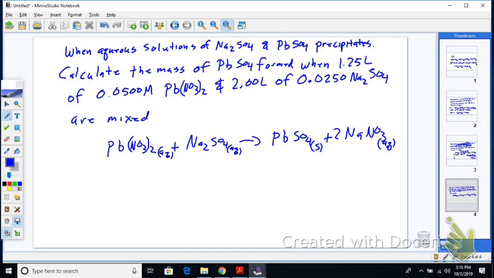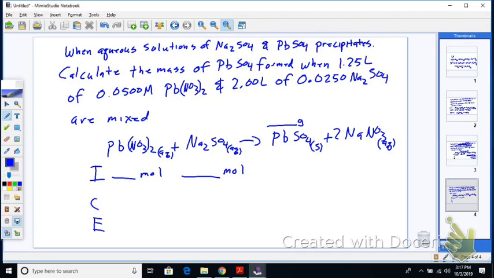Okay. So here's the deal. We're supposed to figure out, when we have a solution, we want to calculate this mass. So we want to find out how many grams we have of that. And so we have the ICE. So you guys have to find the moles of lead nitrate, and you have to find the moles of Na2SO4 in your solution.